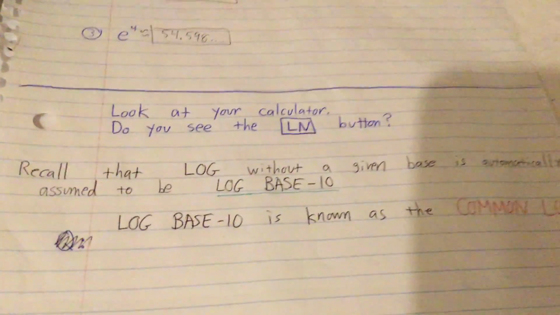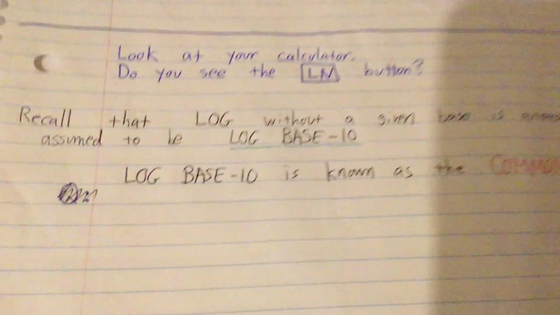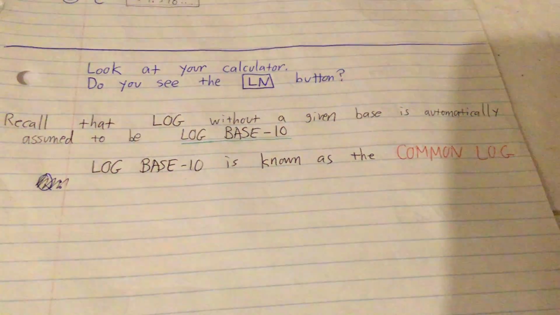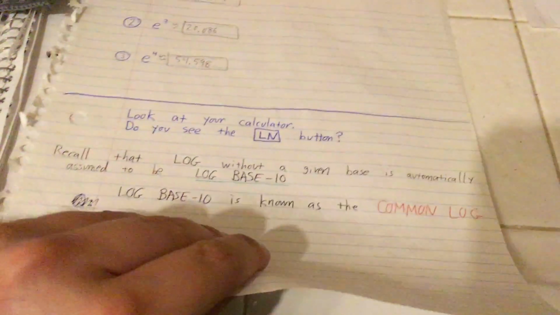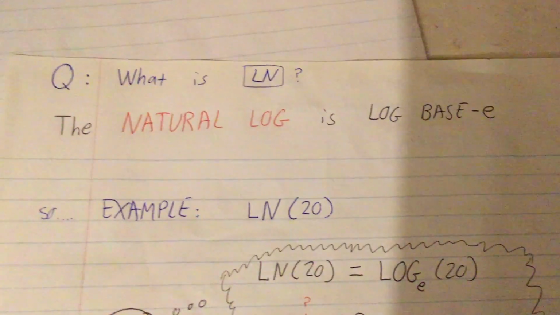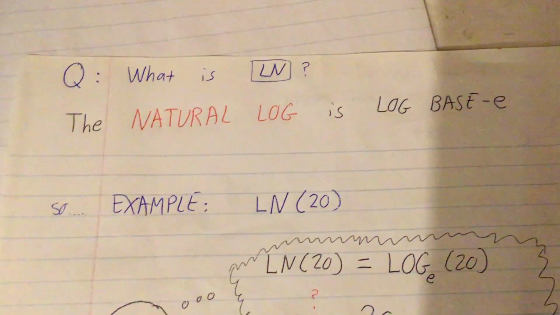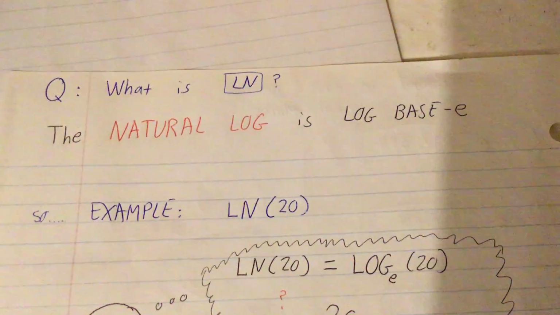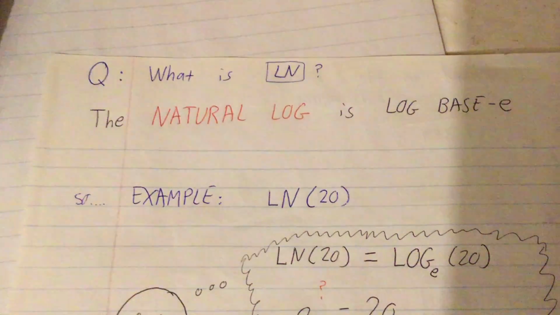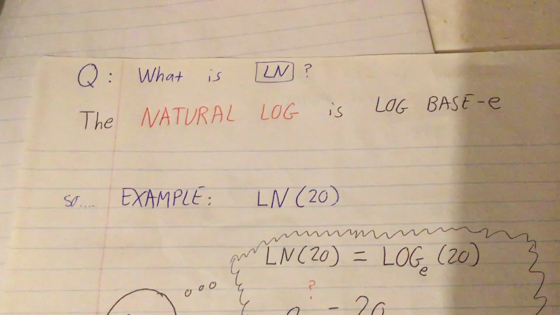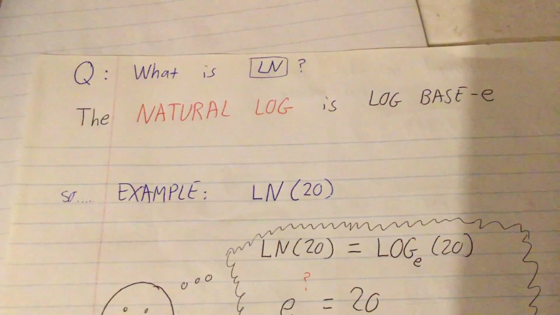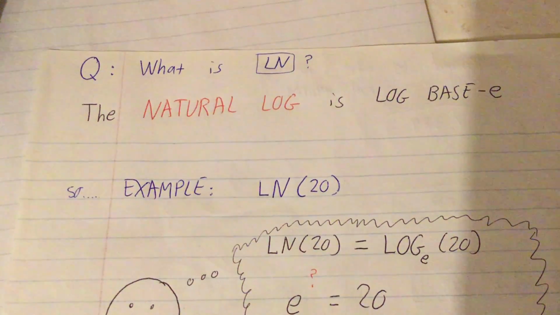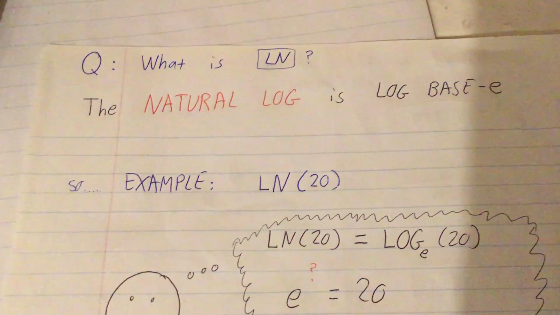Okay, now if you see that the common log is log base 10, well, what does the ln button do? The ln button is known as the natural log. So if log is base 10, natural log is base e. I'm going to let that sink in.